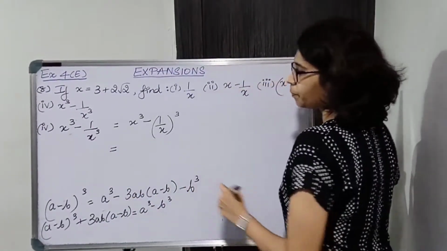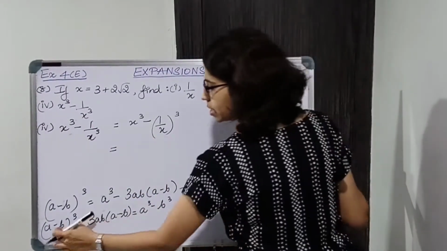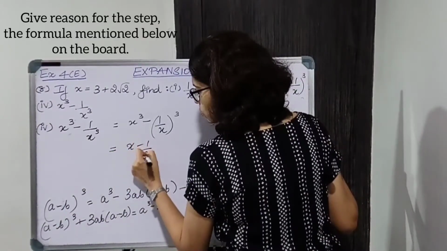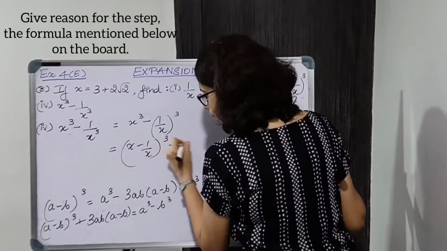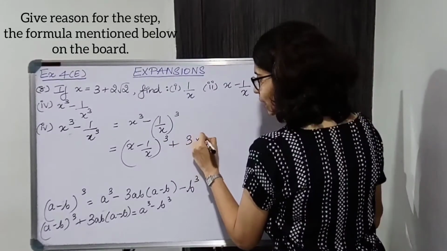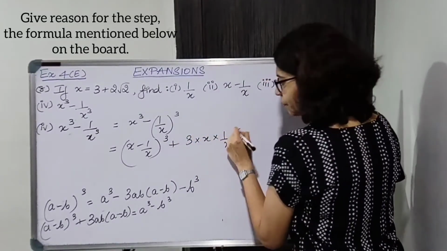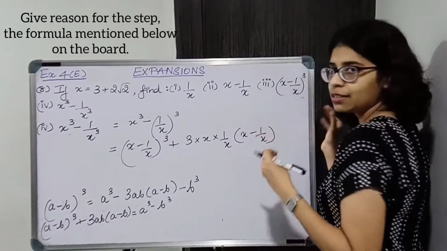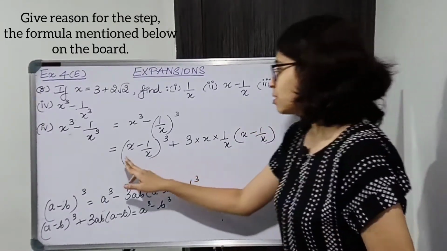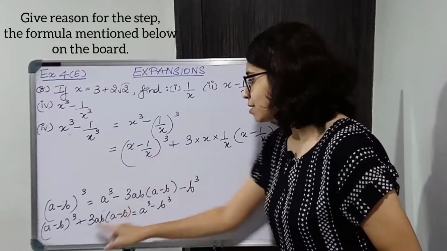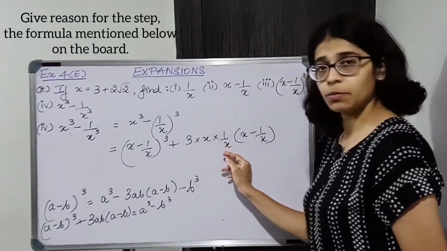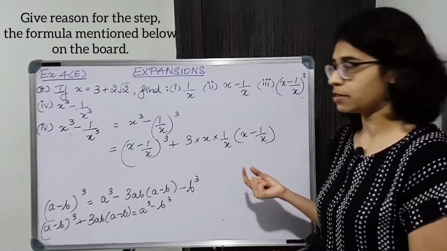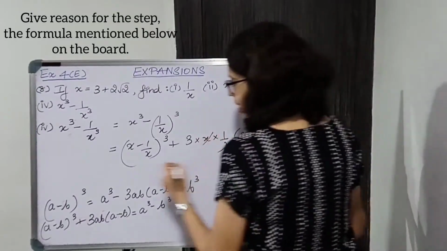So x minus 1 upon x the whole cube plus 3ab, so 3 into x into 1 upon x into x minus 1 upon x. A is x, b is 1 upon x. X will get cancelled.